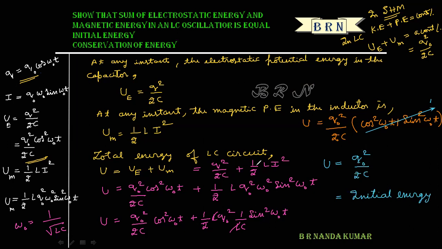In LC oscillations, the electrostatic potential energy is converted into magnetic potential energy, and the magnetic potential energy is gradually converted into electrostatic potential energy. But the sum of the two at any instant of time will remain constant.